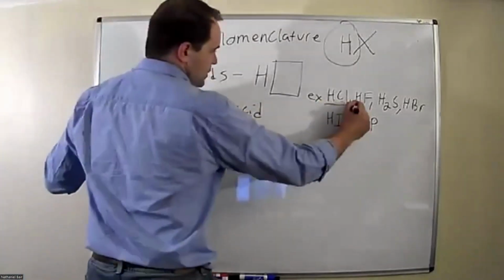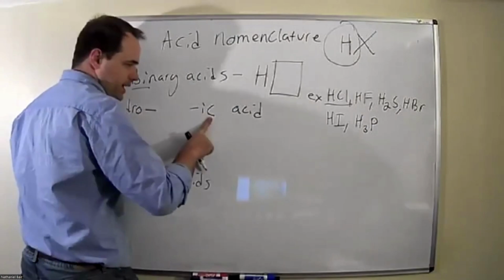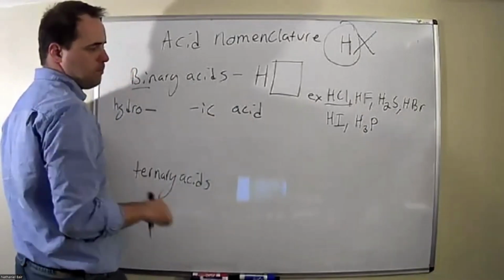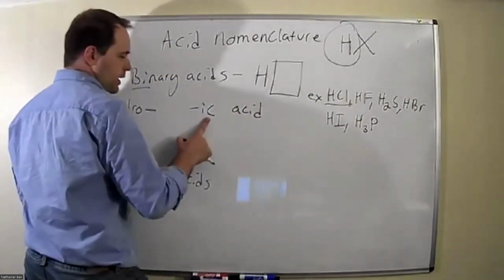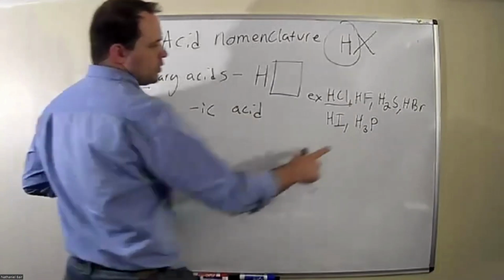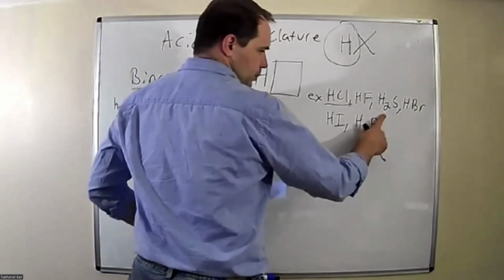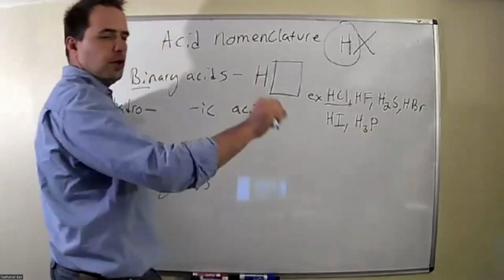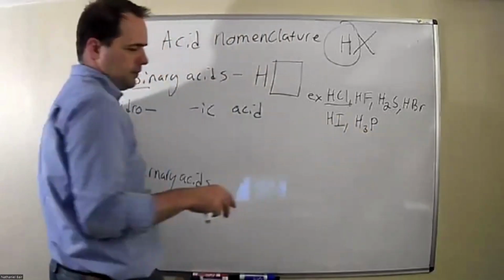So, for example, HCl is hydrochloric acid. HF is hydrofluoric acid, fluorine goes to fluoric. Sulfur and phosphorus are a little special. To avoid awkward pronunciations, we put the ur back in sulfur and we put the or back in phosphorus.